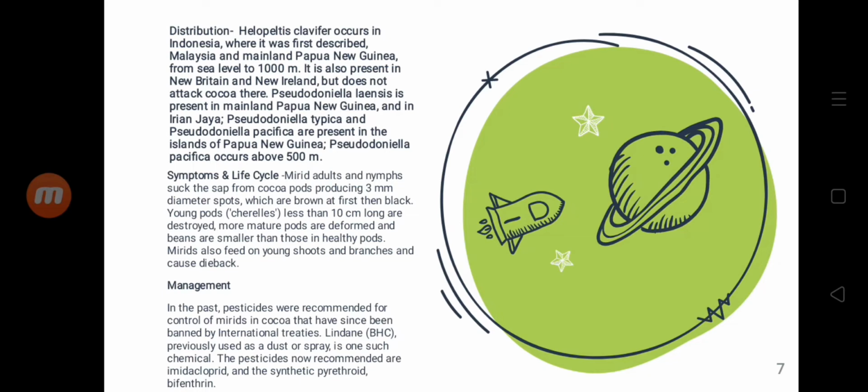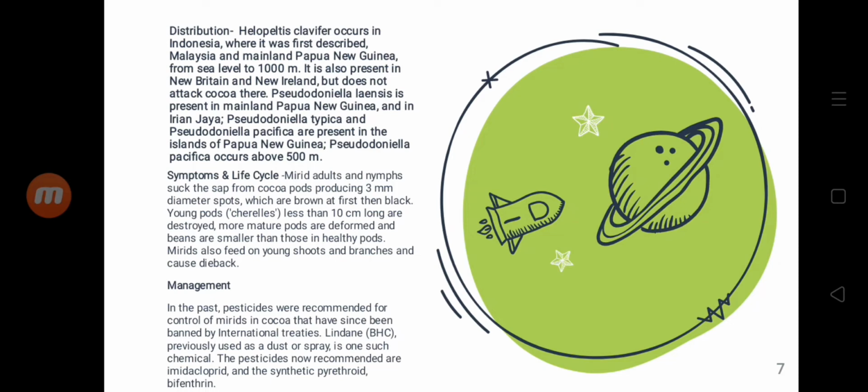It is also present in New Britain and New Ireland but does not attack cocoa. Sahlbergella species are present in mainland Papua New Guinea and in Irian Jaya, and in the islands of Papua New Guinea. One species occurs above 500 meters.